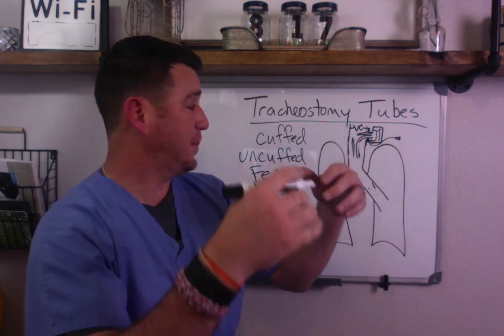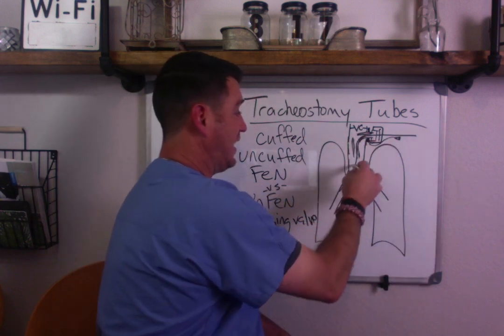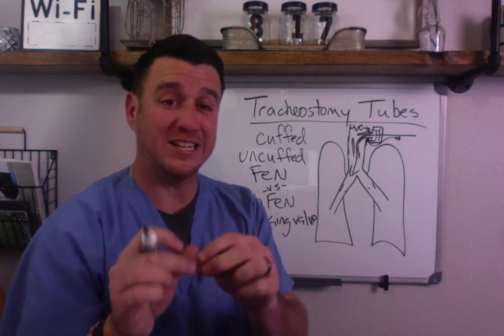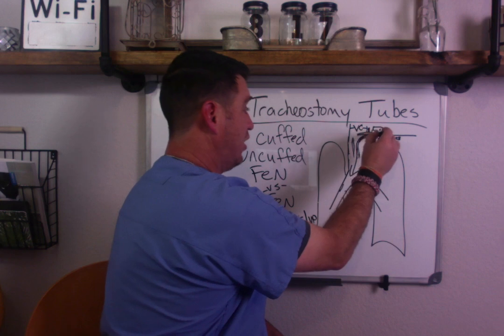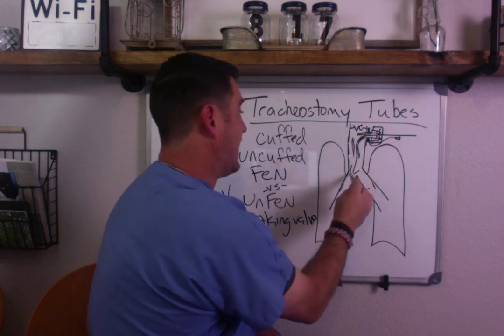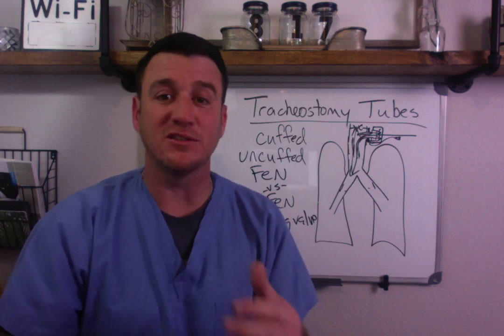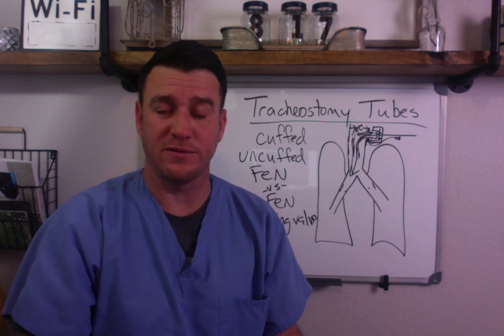So when the patient inhales, air comes in and down to the airways. But when the patient exhales, the pressure of the gas coming back up closes this valve, and air passes up past the vocal cords, and this allows them to speak. So this is why it's called a speaking valve.